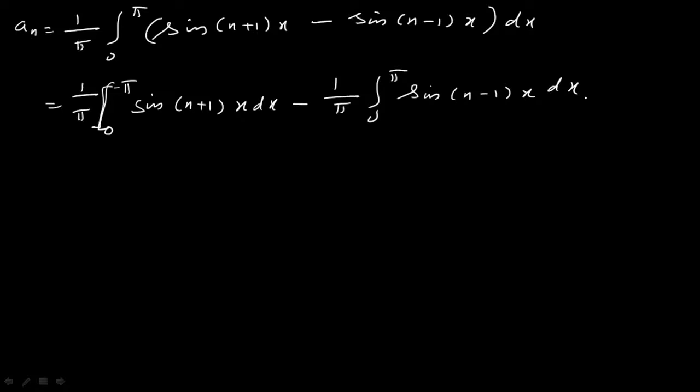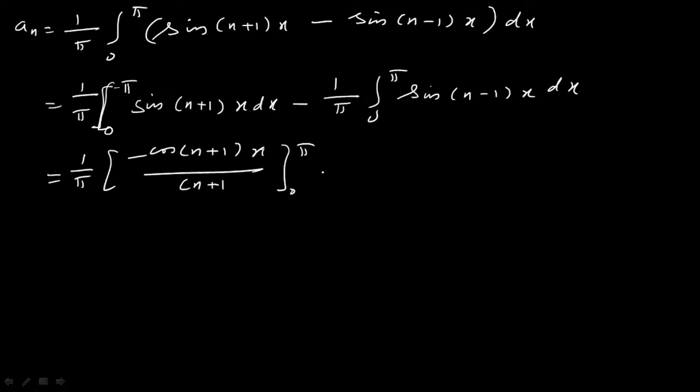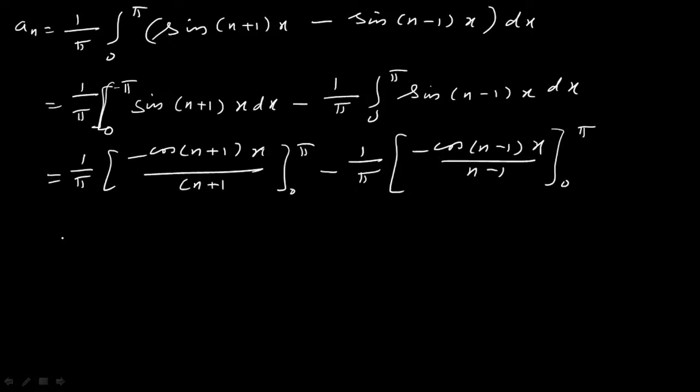So you can separate this integral. Now integrating, what you get: sin of (n plus 1)x is nothing but minus cos of (n plus 1)x divided by (n plus 1), with the limit from 0 to pi, minus 1 by pi, sin of (n minus 1)x, while you are integrating what you get, minus cos of (n minus 1)x divided by (n minus 1), with the limit from 0 to pi.